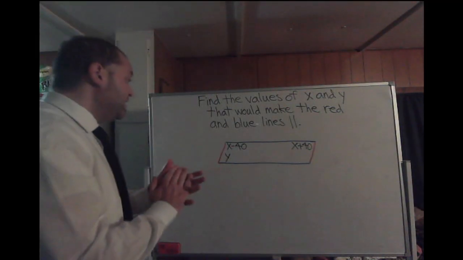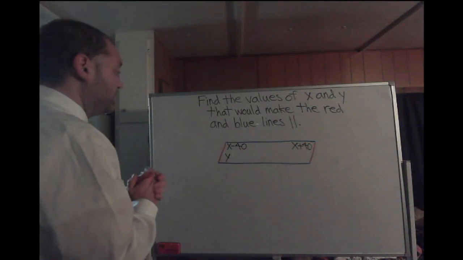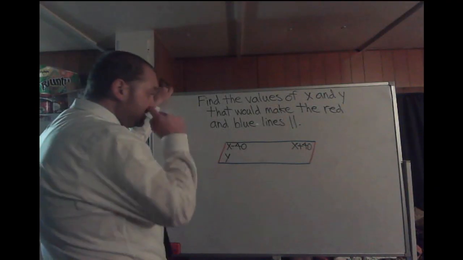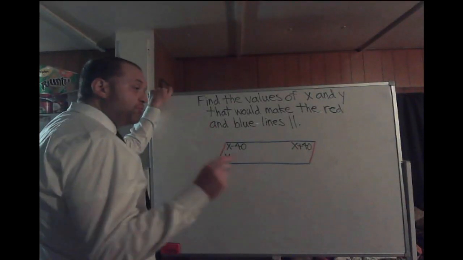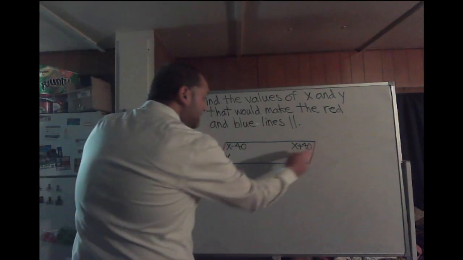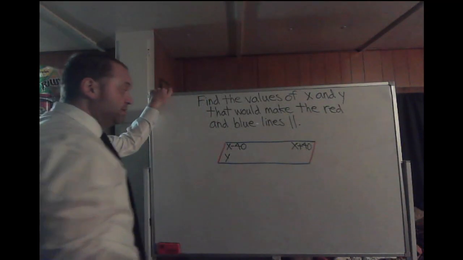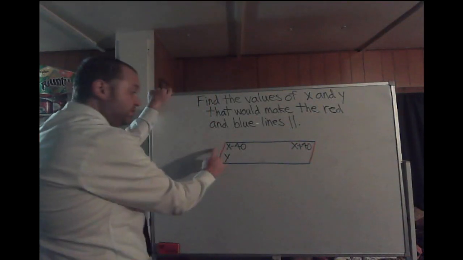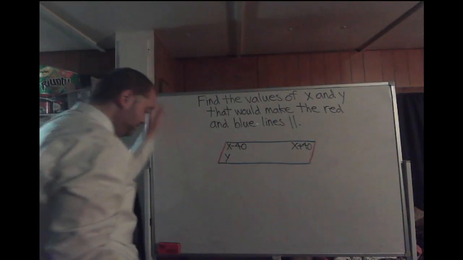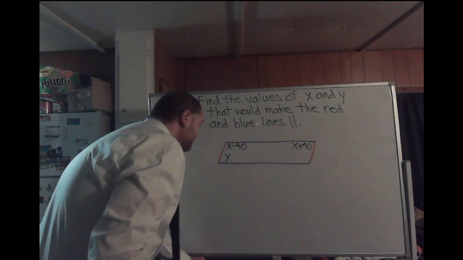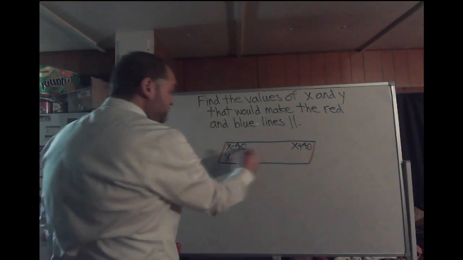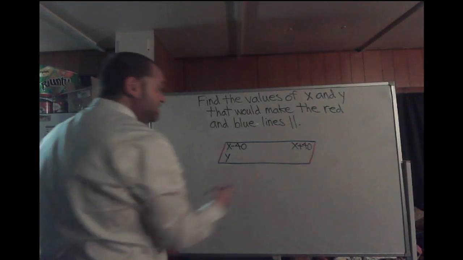Let's start with finding our x first. We can start by operating under the assumption that the red line is parallel to the red line, right? Which would mean this blue line is a transversal to those two red lines. Which would therefore mean that these two angles here would be same side interior angles.